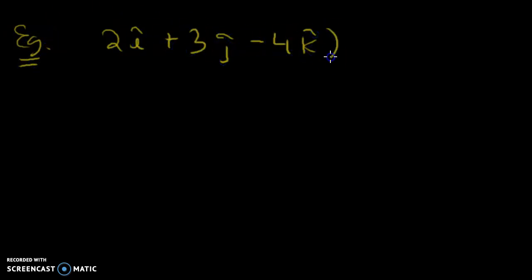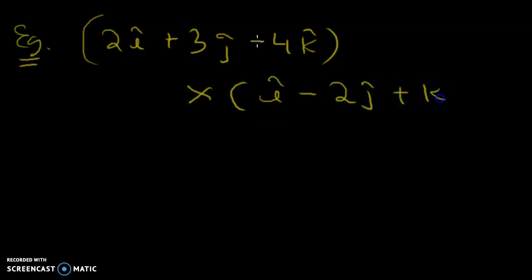But what if I say something like 2i cap plus 3j cap minus 4k cap multiply with i cap minus 2j cap plus k cap. So there are two ways. One is the determinant way and one is the normal way.